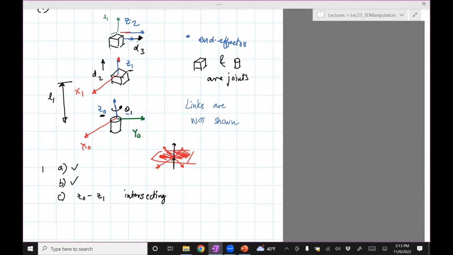One choice is this way, another choice is this way. So we can have X2 this way, or we can have X2 that way. Just two choices, and you can choose either of them. Both are valid. In my notes, I just chose X2 to be this way. Let me stick with that.